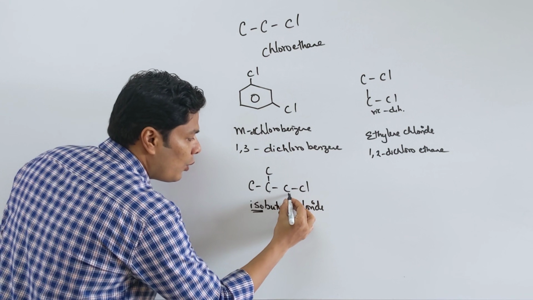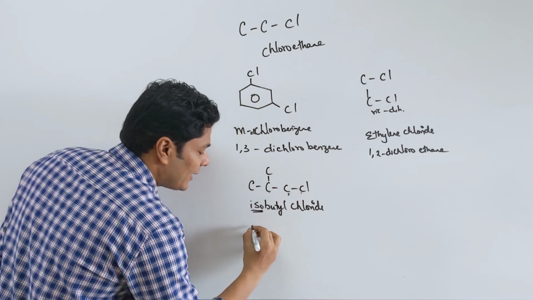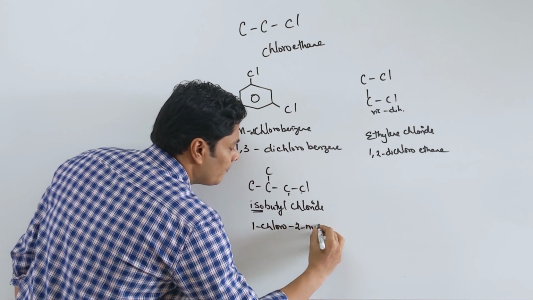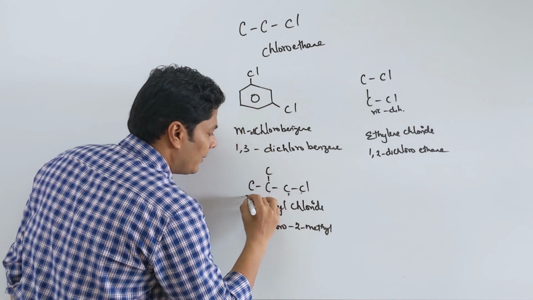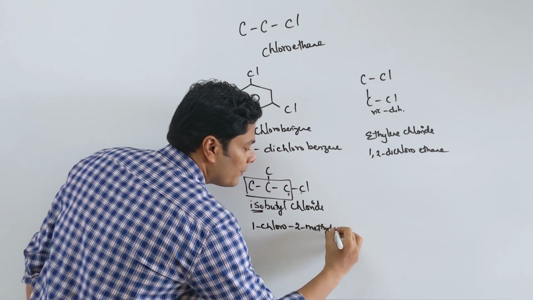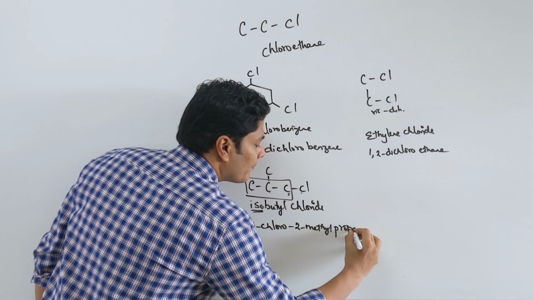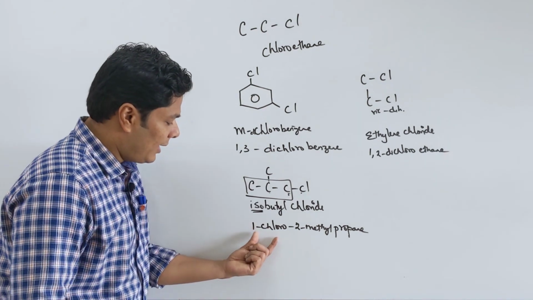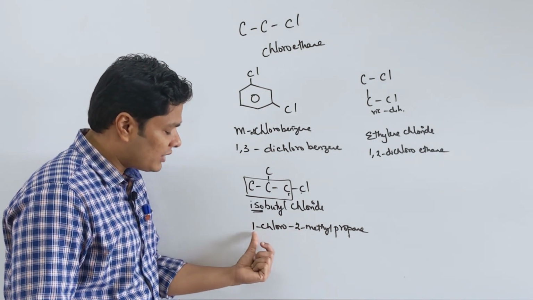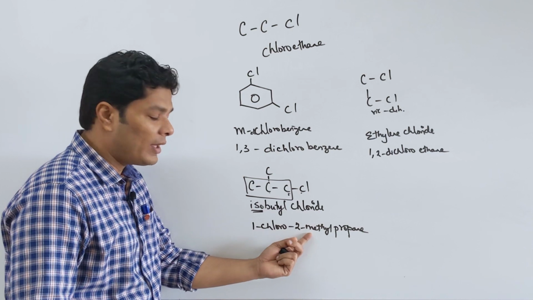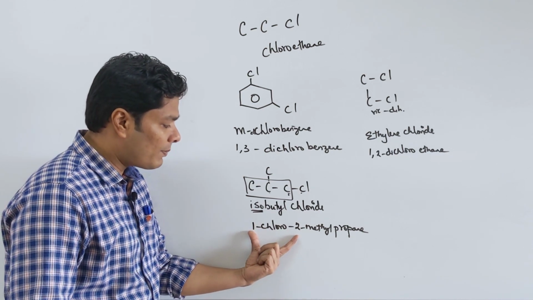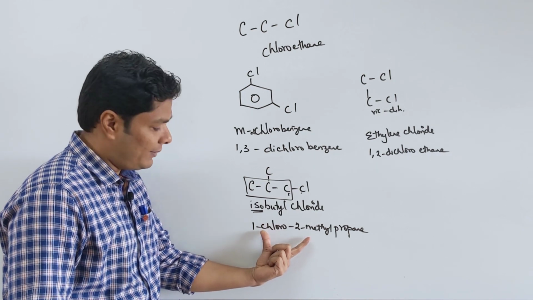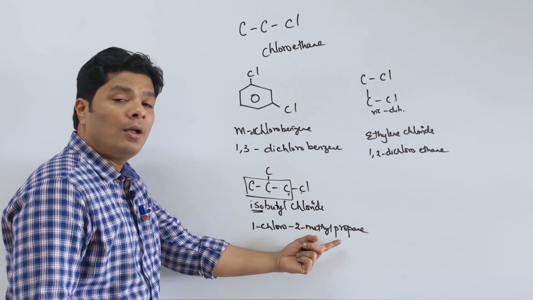So, it is going to be 1 chloro and 2 methyl, and my longest chain is prop, so propane. Now, I name my chloro before methyl not because of 1 before 2, it is because C before M. The numbers do not matter, they don't have to be sequential, but my alphabetical order has to be maintained. So, it is 1 chloro, 2 methyl propane.